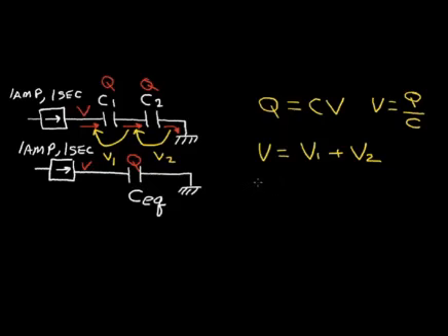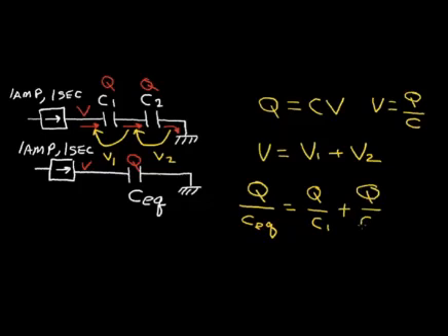So in that case, I have the voltage is charge divided by CEQ, and that's equal to the V1, which I can write as Q divided by C1 plus the voltage V2 that I can write as Q divided by C2.